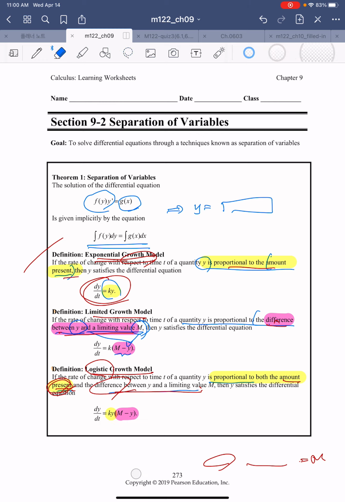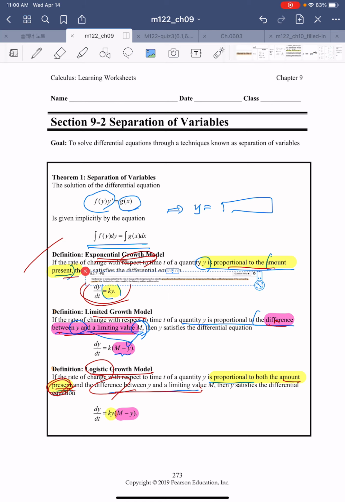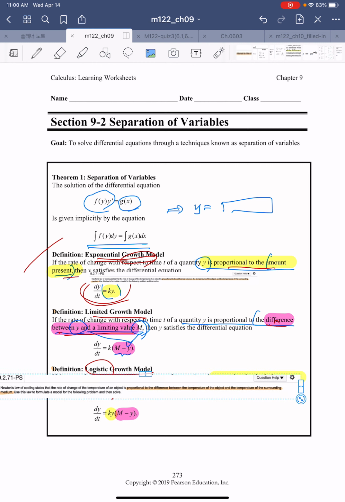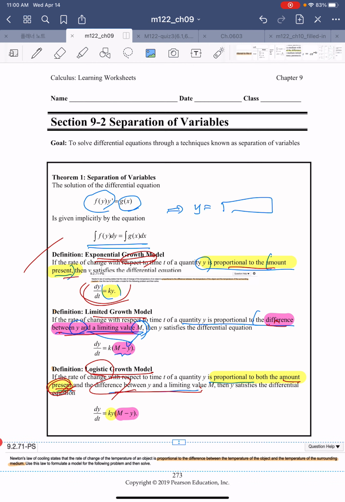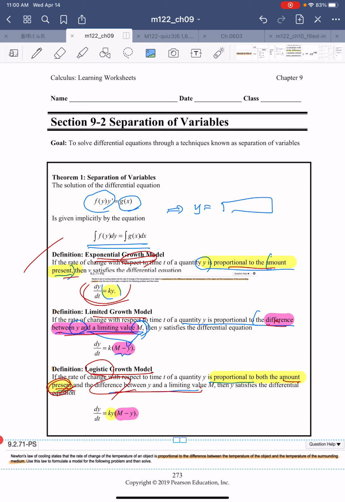I'm also going to delete this one and put it into a new one. So which one sounds like our model?